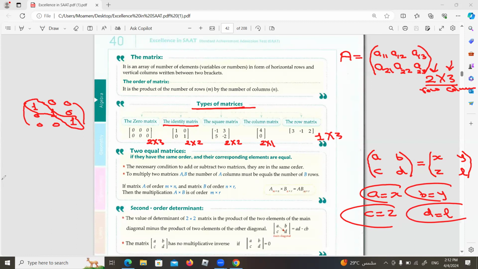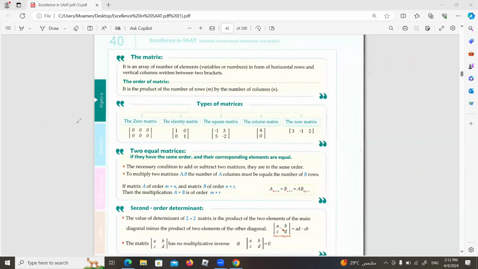How can we add or subtract two matrices? For example, if we have a matrix that contains 2, 3, 1, -1, 5, 4, and we need to add to it the matrix 2, 7, 1, 3, 8, 5.